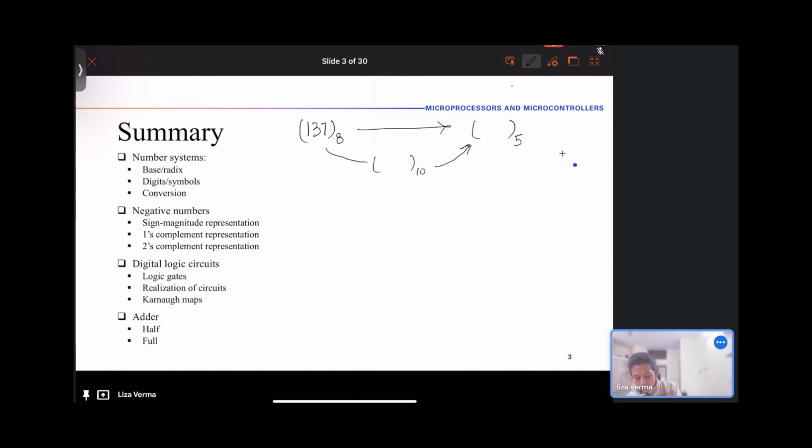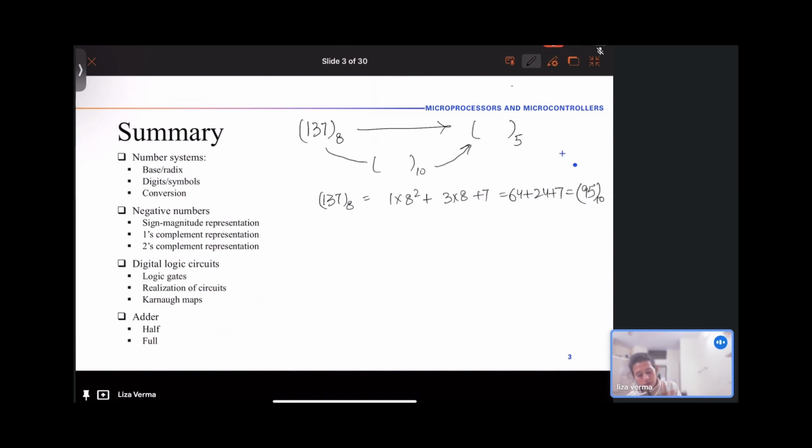137 in base 8 is 1 times 8 square plus 3 times 8 plus 7, which is 64 plus 24 plus 7, which is 95 in the decimal number system.